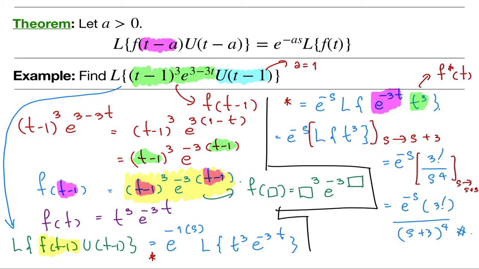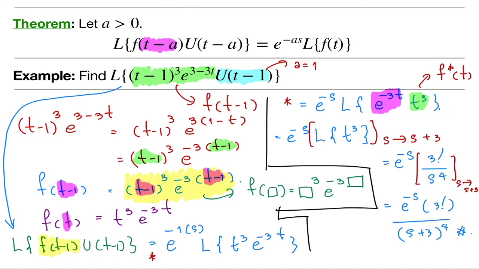I can tell you that here it can be written in terms of f of t-1. See, it's t-1, t-1. So you get f(t-1) like that. If you get f(t-1) like that, you can find f(t) by substituting t-1 with t.